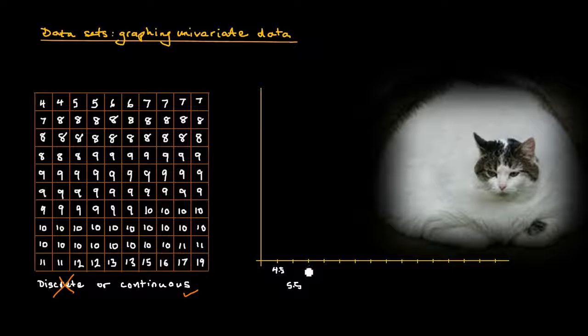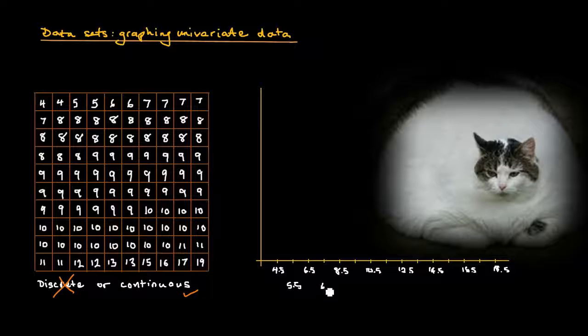5.5, 6.5. In fact, these are always going to be odd, even numbers rather. 8.5, so then 10.5, 12.5. And just make sure you number up your axes accurately. So here we've got our 18.5.